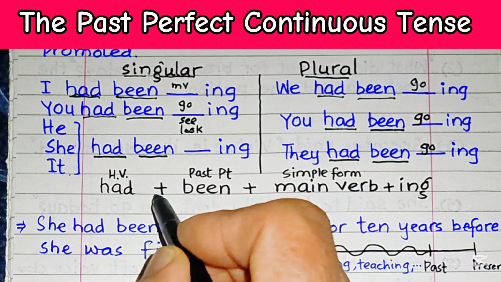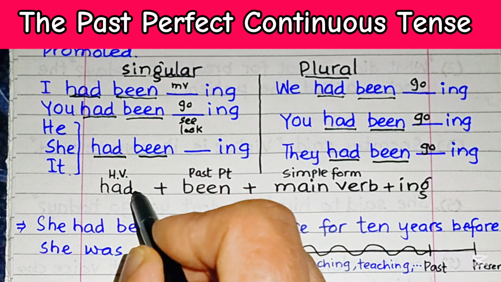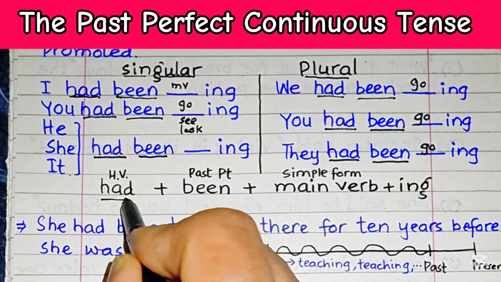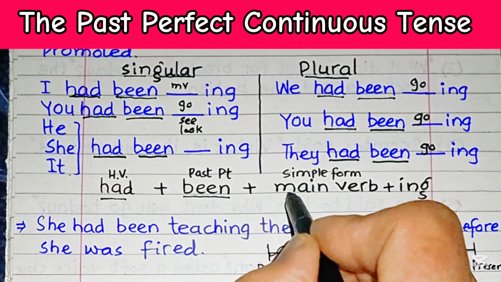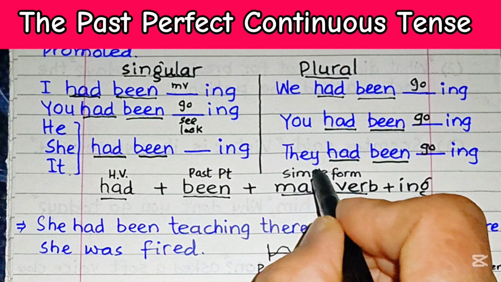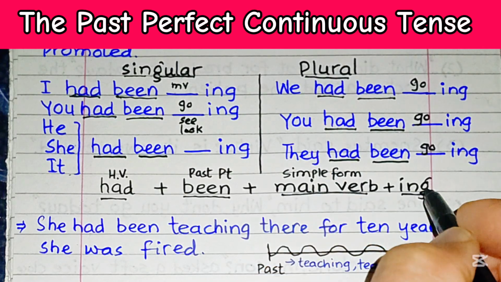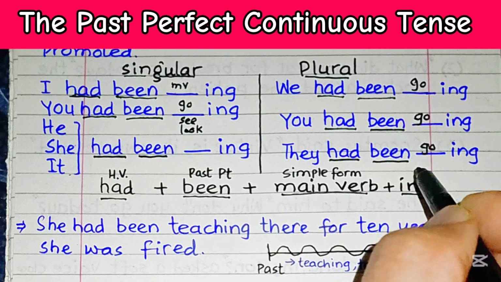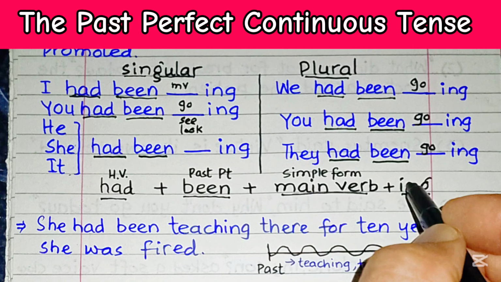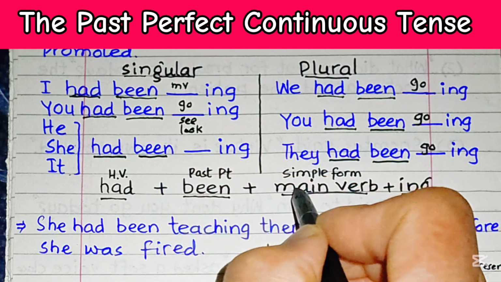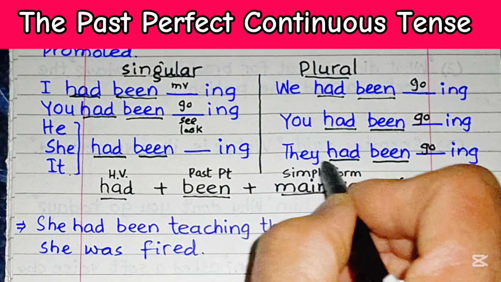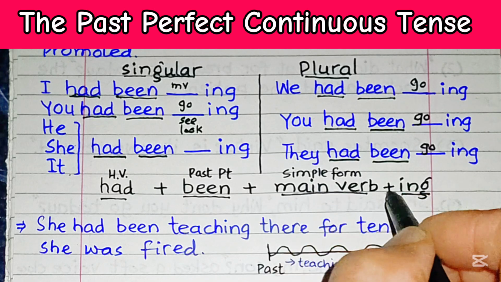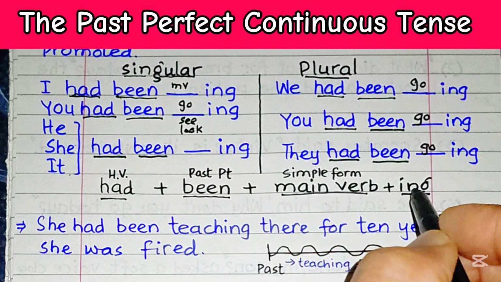So we always use the same helping verb. Helping verb had followed by past participle been, and then main verb in the simple form with an ing ending. This is the structure. Remember one thing, that the main verb here is in simple form. Main verb is always in simple form, but it has an ing ending.